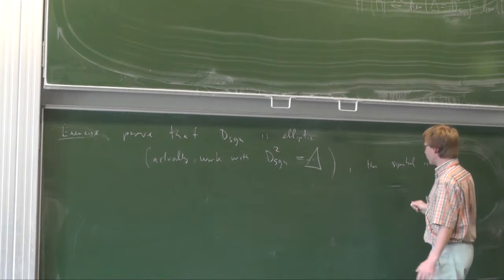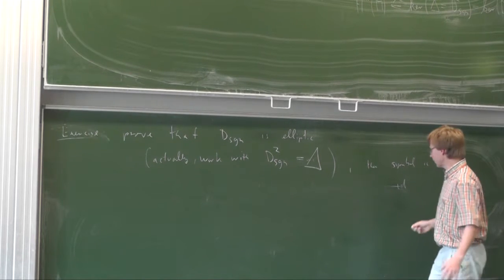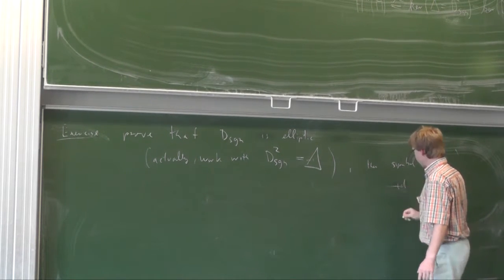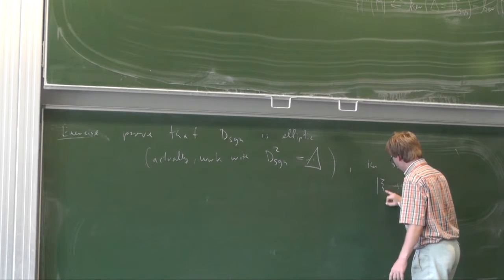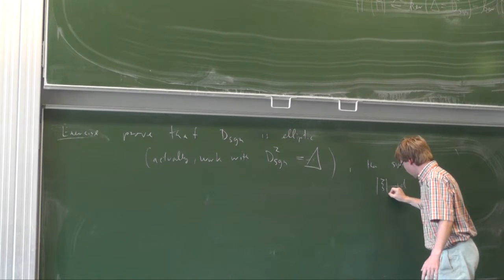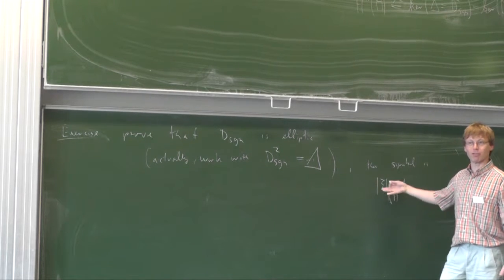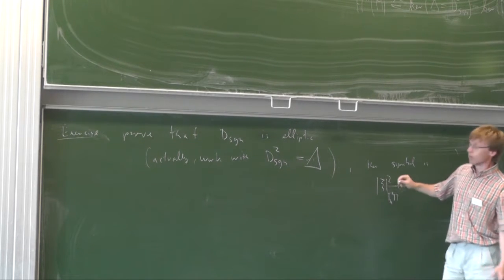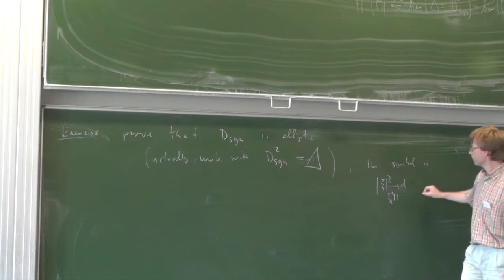a matrix, but it's really given by the identity operator on the form bundle multiplied with the norm of the covector xi in the cotangent bundle, which has a norm because it is a Riemannian manifold. Okay?